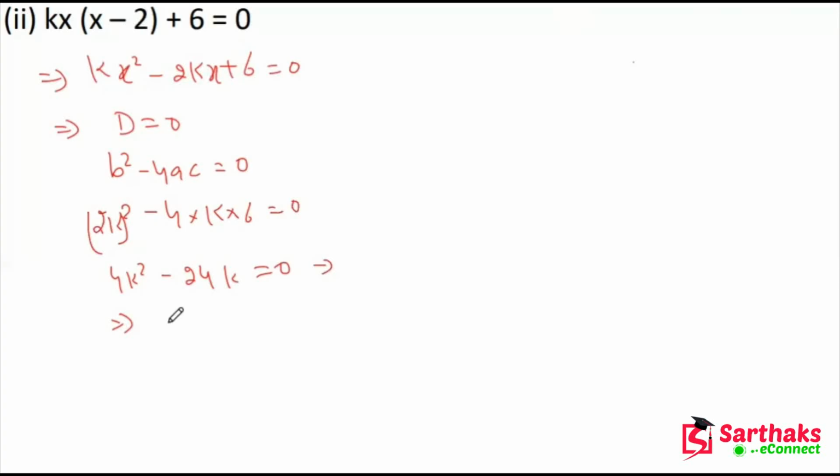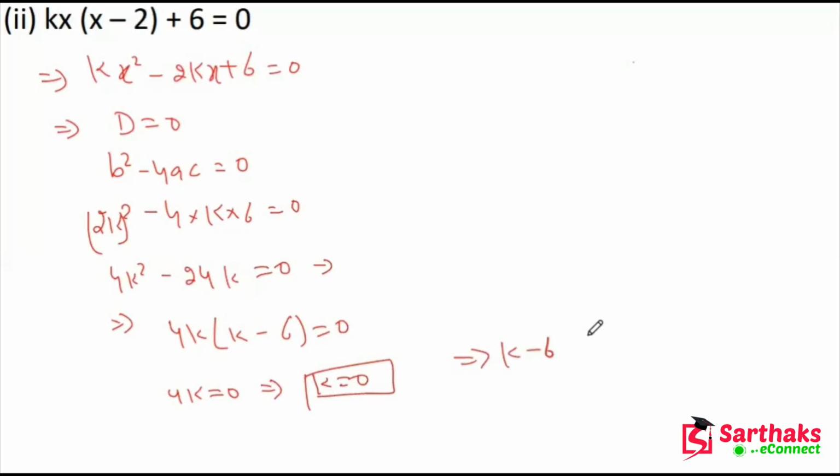So now we take 4k as common, and k minus 6 equals 0. We have two factors, means 4k equals 0, which will give k equals 0. And second is k minus 6 equals 0. Then we have k equals 6. So we have the value of k as 0 and 6.